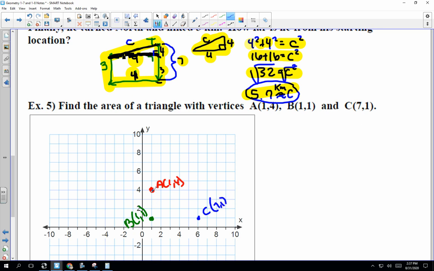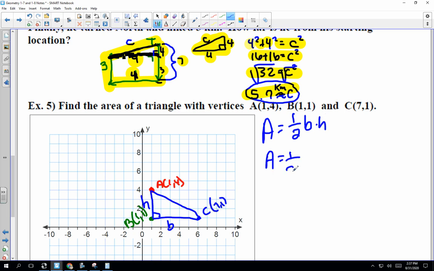Okay, and it says find the area. So really what we need to do is, this is the base, this is the height on a 90-degree triangle. The height is the side length. So the area is 1/2 base times height.